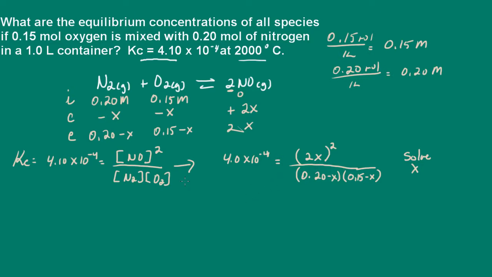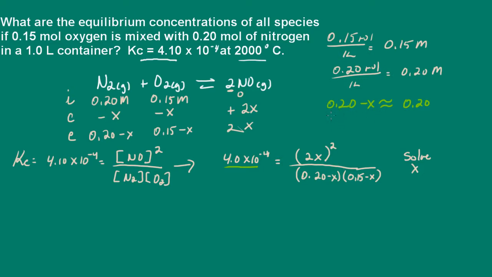So what I'm going to do is make an assumption here, and I'm going to assume that 0.2 minus X is approximately equal to 0.2. Now I look at my equilibrium constant. I have 10 to the negative 4. This assumption might hold, so we're not going to have too much nitrogen monoxide in the reaction vessel, but when you get to equilibrium constants of 10 to the negative 4 or greater, sometimes you might have to go ahead and use the quadratic formula if you end up with an equation like this.